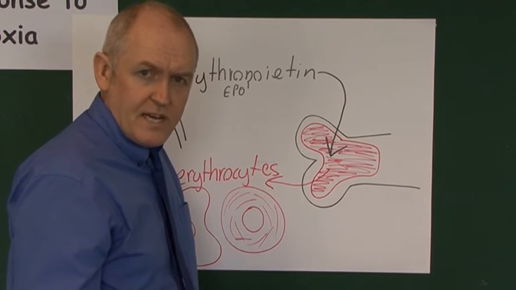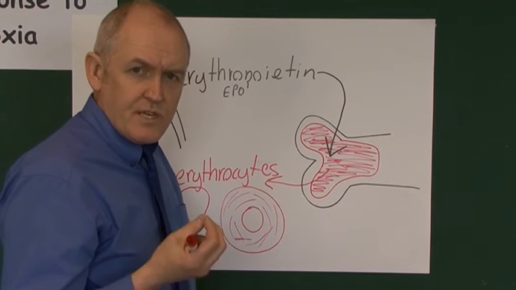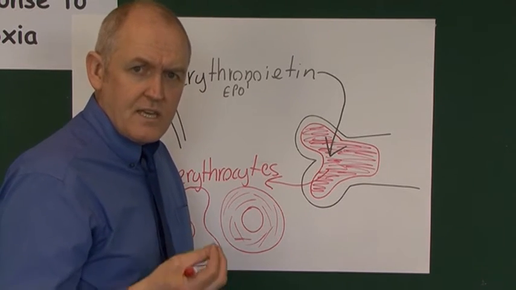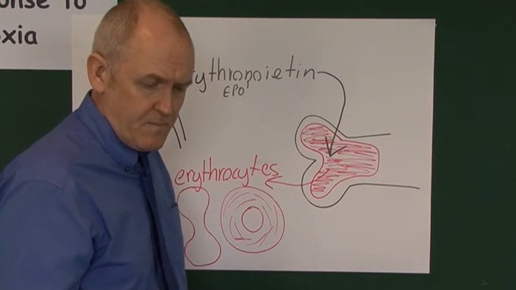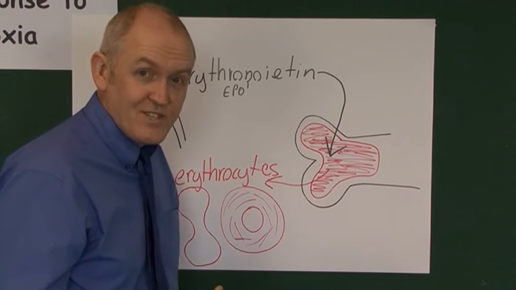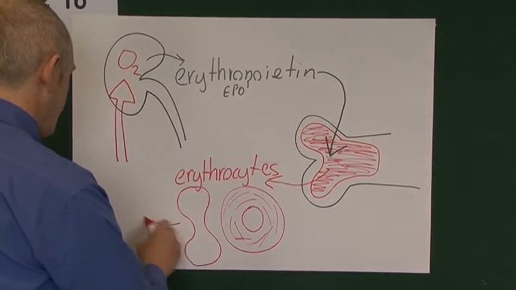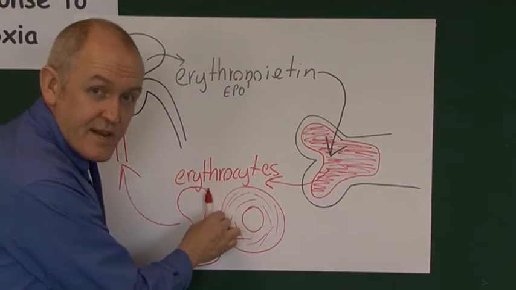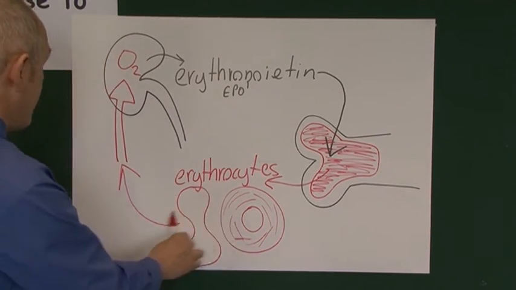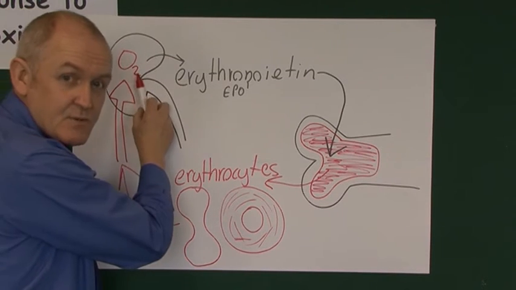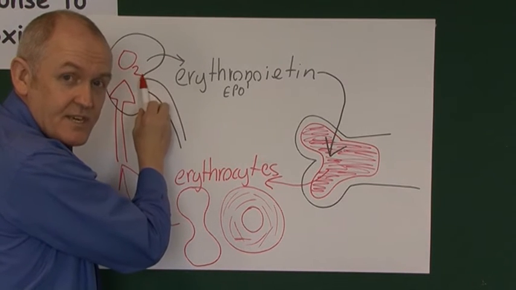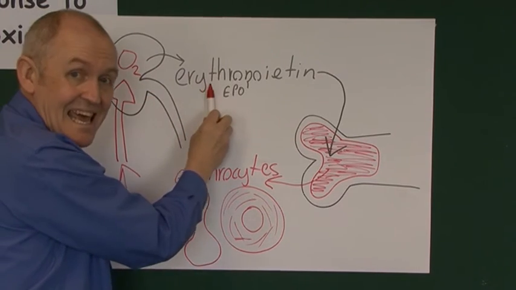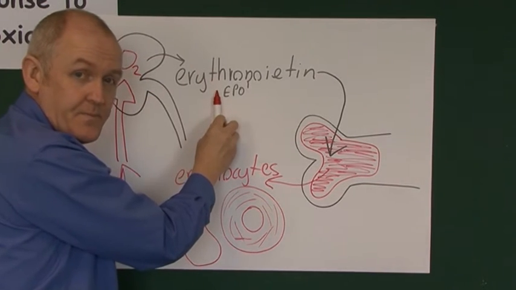But when the amount of red blood cells increases, that's going to increase the oxygen carrying capacity of the blood. That's going to increase the amount of oxygen carried in the blood. And of course, one of the places the blood is going to go is to the kidneys. And if there's more red cells carrying more oxygen to the kidneys, the kidneys will recognise that there is an increased amount of oxygen in the blood, and the kidneys will respond by producing less erythropoietin.